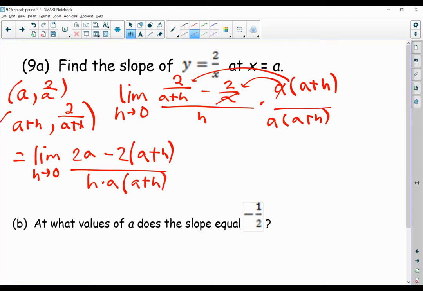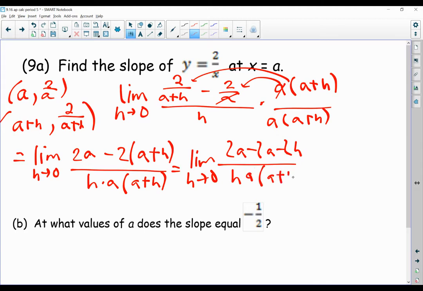What's nice about doing it this way is that you get rid of the complex part pretty instantly, and now I just have a fraction to clean up. If I clean this up, I end up with 2a minus 2a minus 2h over h times a times a plus h.